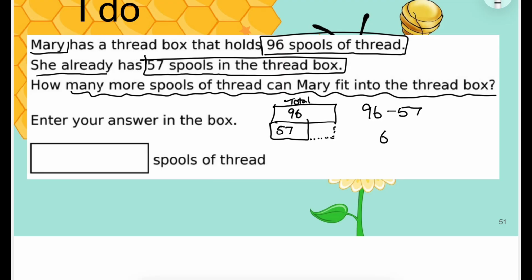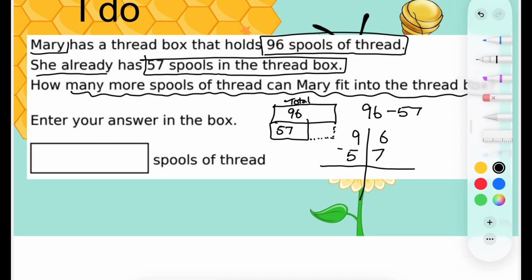Well, we're going to write 96, our line down the middle, 5 tens and 7 ones, and ask ourselves, do we have enough? We do not. So now we regroup the 9 and make it an 8, one less. Move the 1 over.